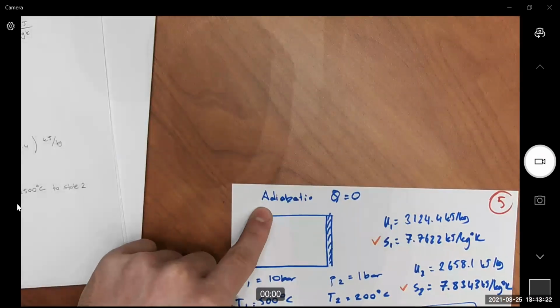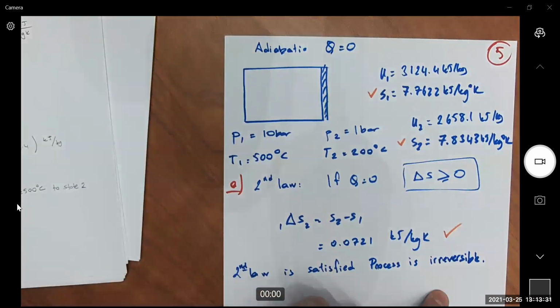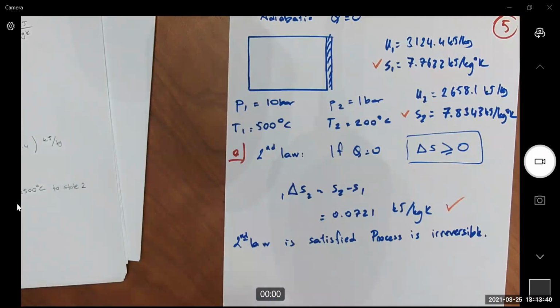System being adiabatic doesn't mean reversible. It might be adiabatic and irreversible. Might be adiabatic and reversible as well. So be careful with those.